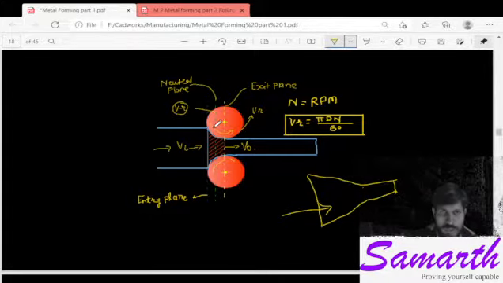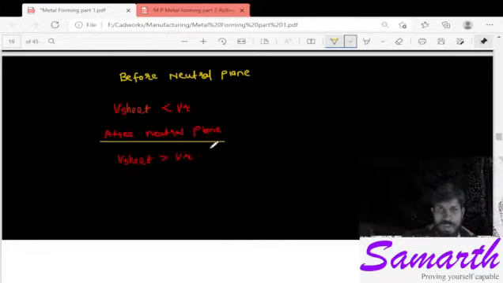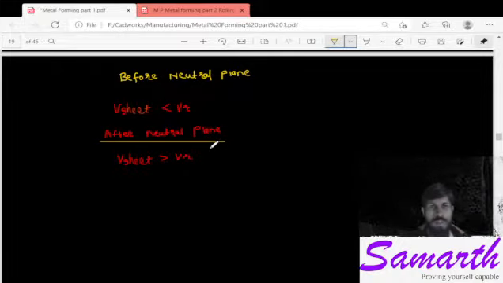Slipping will occur between the surfaces of the plate and roller, and the slip will be different because the difference in these two velocities before the neutral plane will be one thing, whereas the difference in velocity of roller and plate after the neutral plane up to the exit plane will be different, because the velocity at the exit plane will be higher, whereas the velocity of the plate at the entry plane will be lower than the roller velocity.